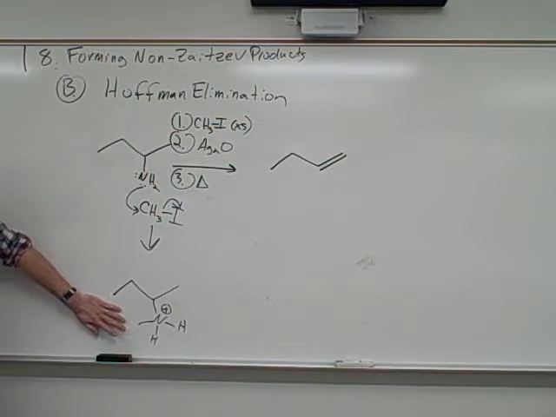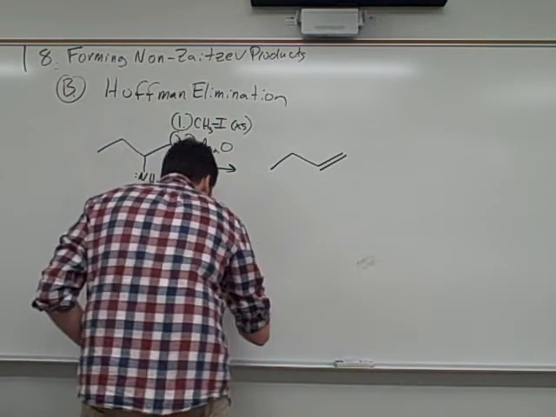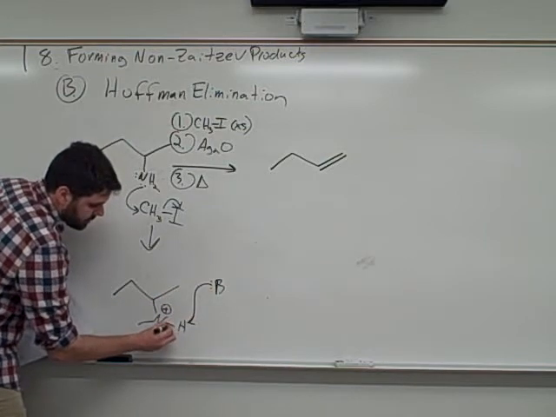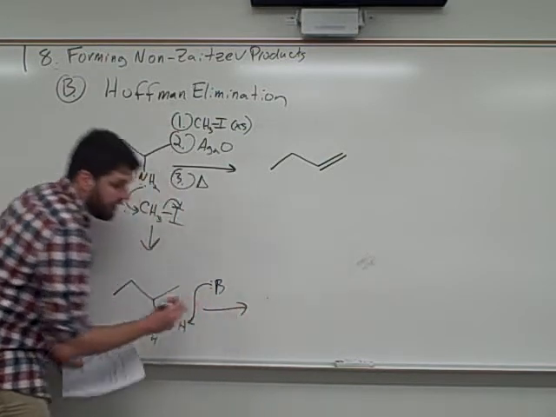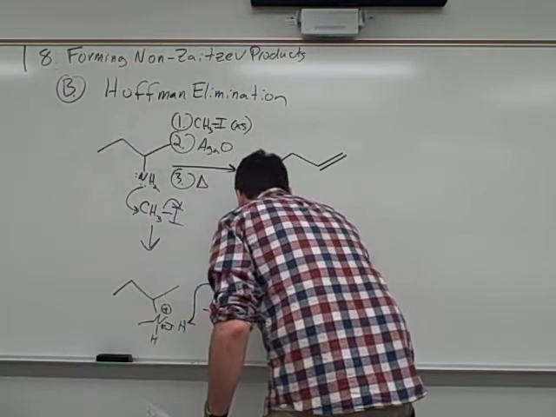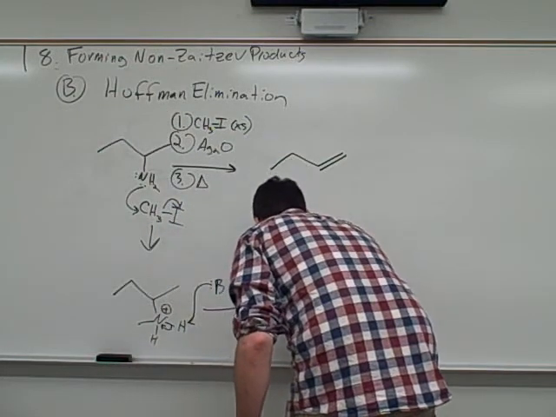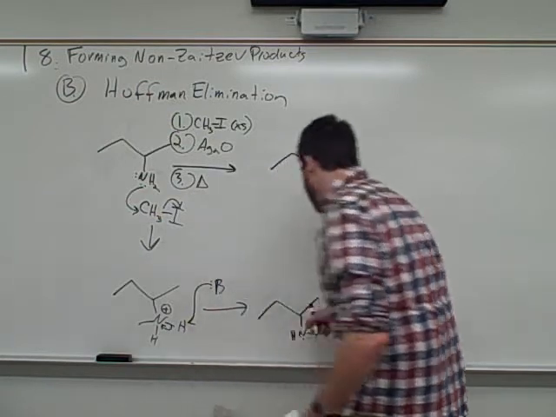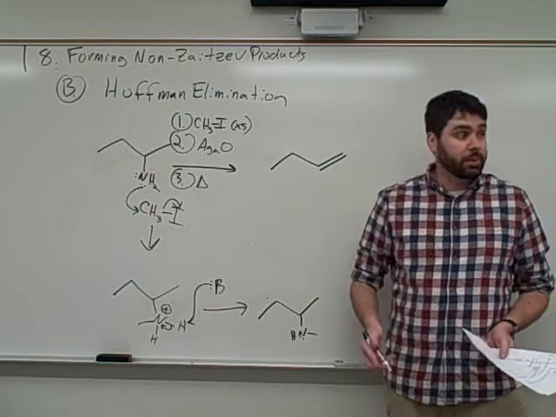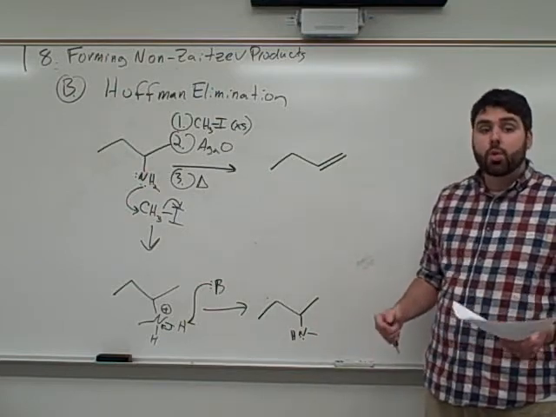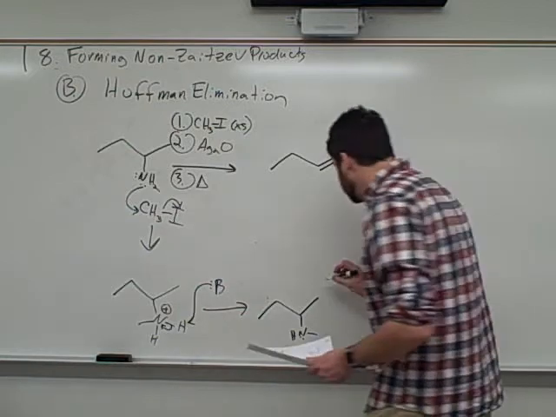There'll be some sort of base in solution, might be another equivalent of amine, that's going to go ahead and remove that extra proton. And it's going to give you your alkylated species here. So in this case, it's going to be an N-methyl sec-butylamine. This is going to happen 2 more times to give us our quaternary ammonium ion.